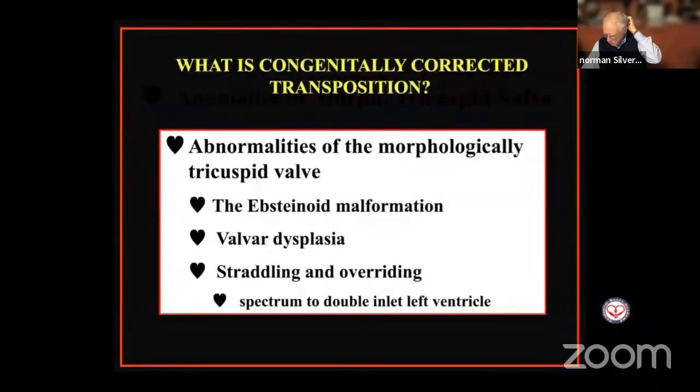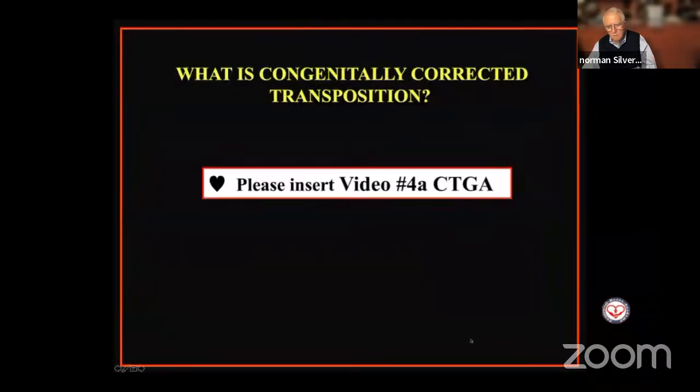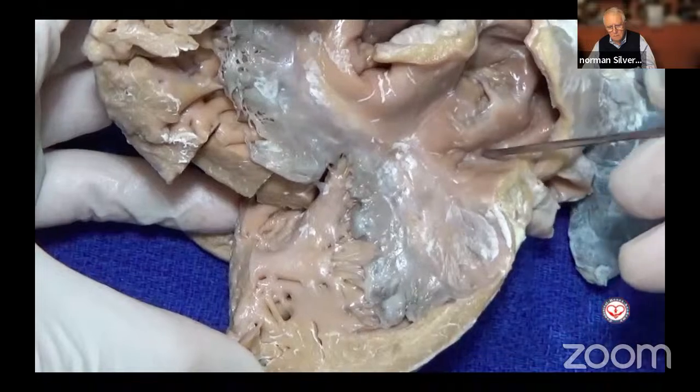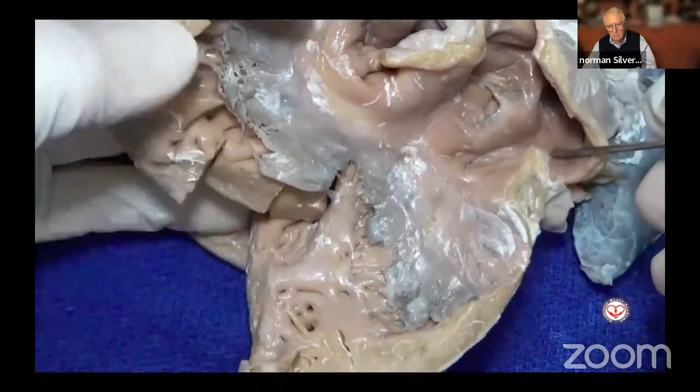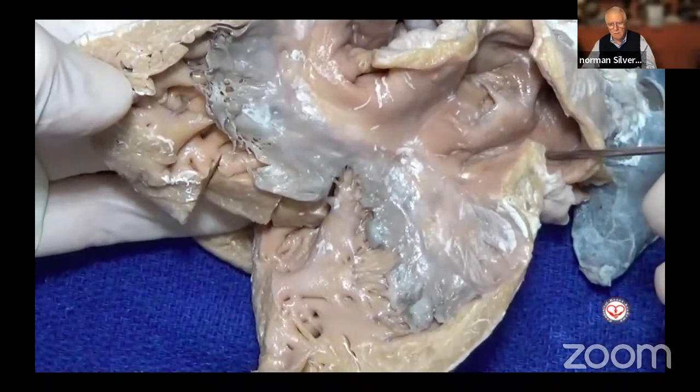So again, let's ask Diane to show us an example of the abnormalities that typically involve the morphologically tricuspid valve. We're going to look at some of the associated malformations that we see in hearts with congenitally corrected transposition.